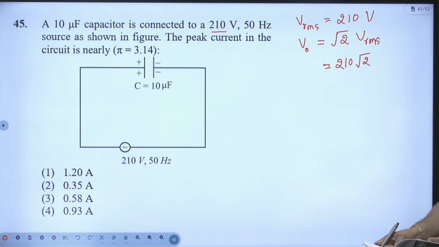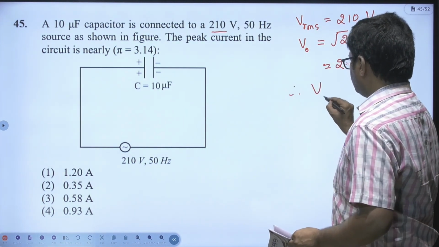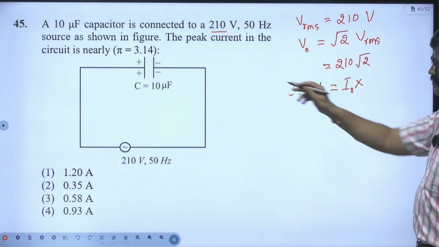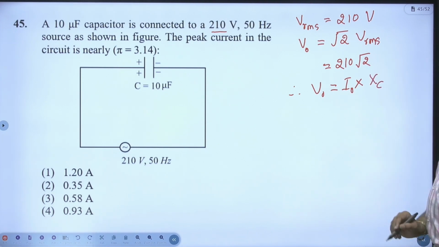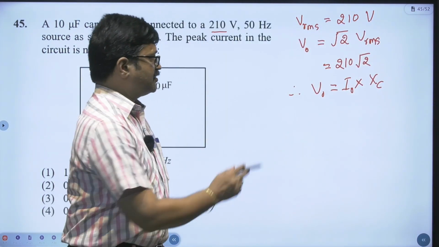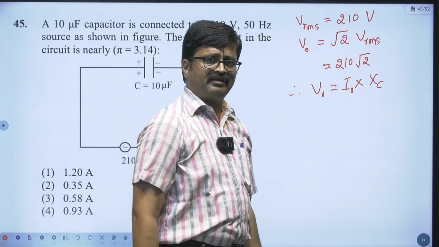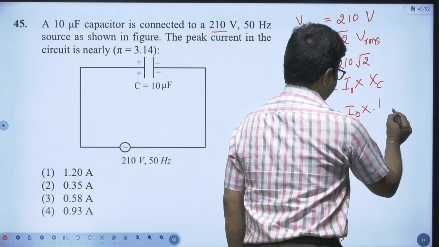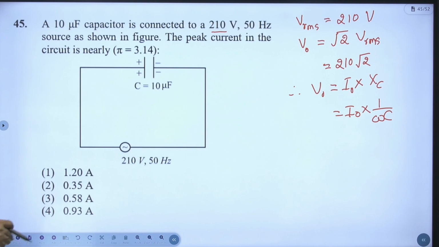Then we will consider from this, therefore, V0 is equal to I0 into, here since it is a capacitive circuit, XC. According to Ohm's law, V is equal to I into opposition. What is the opposition in the circuit? XC, capacitive reactance. So capacitive reactance happens to be 1 by omega C. So I0 into 1 divided by omega into C. I hope it is clear. Now they want us to calculate I0 here.